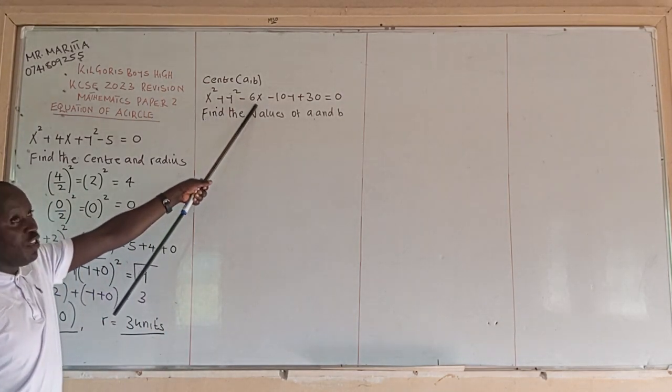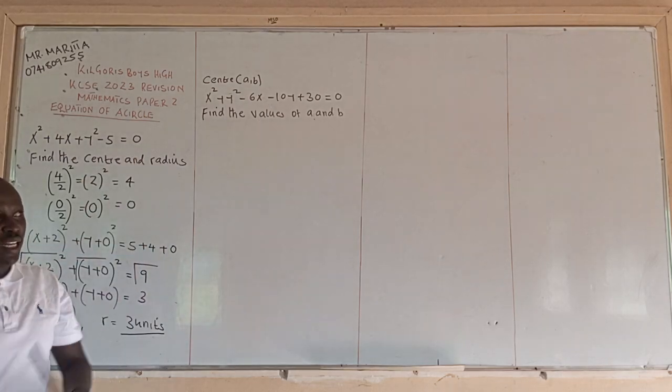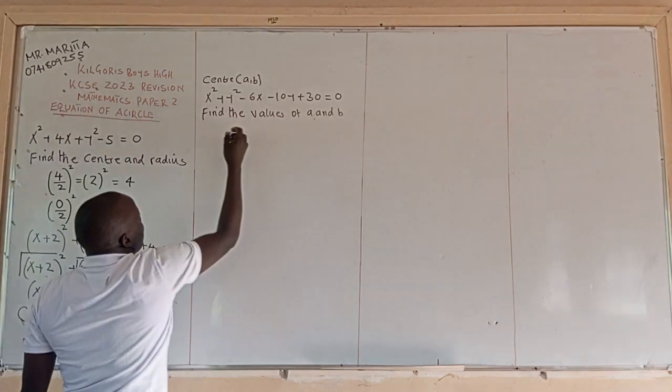You take the coefficient of x, divide it by 2, and then square. Here we have negative 6.